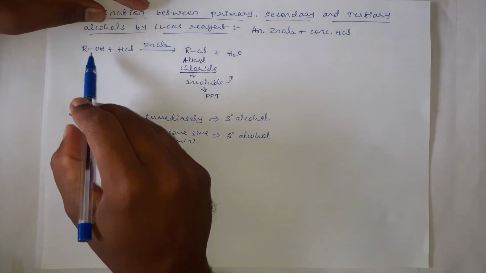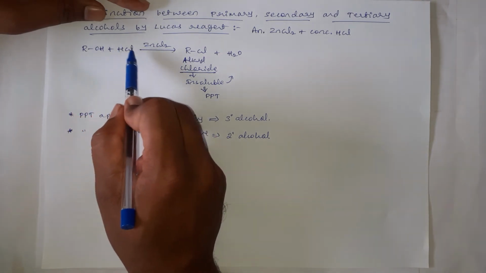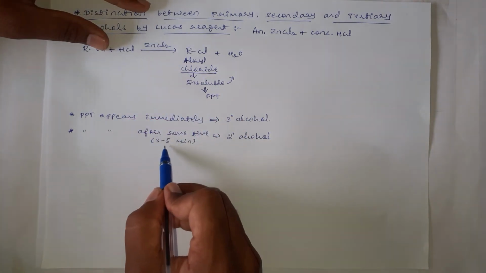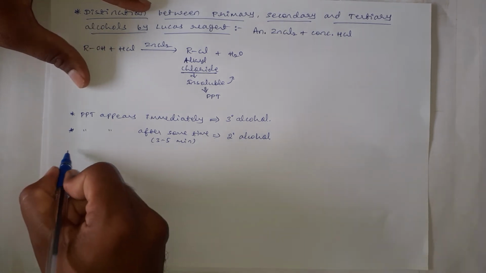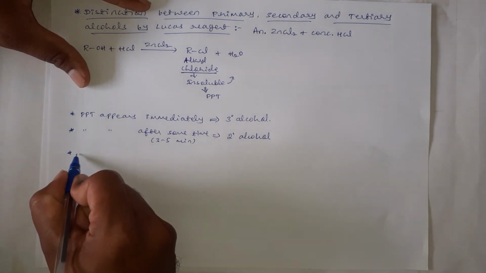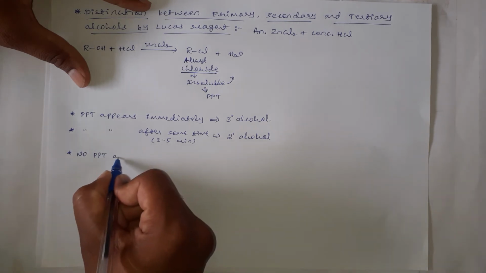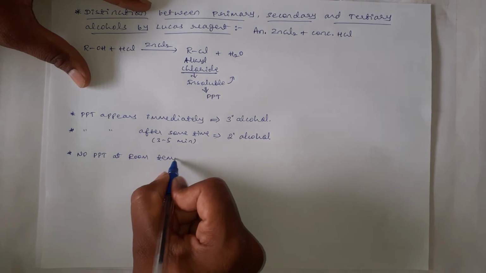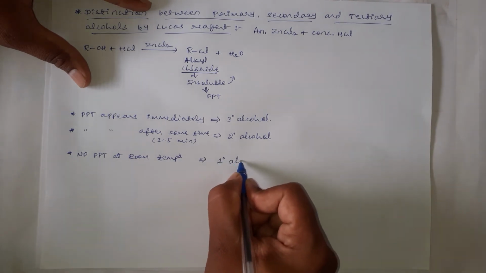And if there is no precipitate at room temperature, then the given alcohol is a primary alcohol.